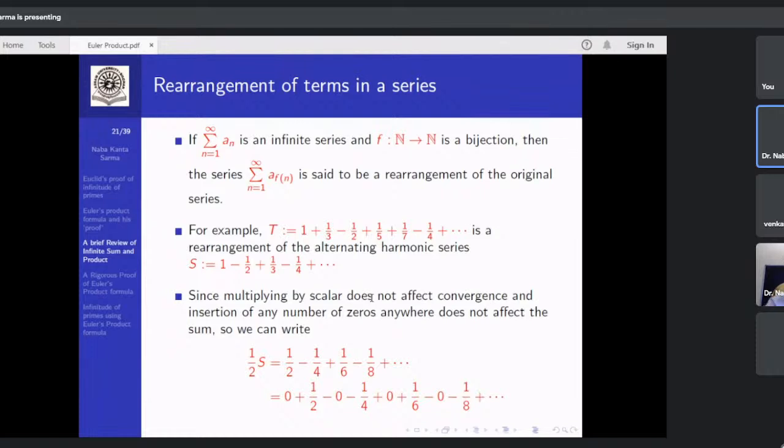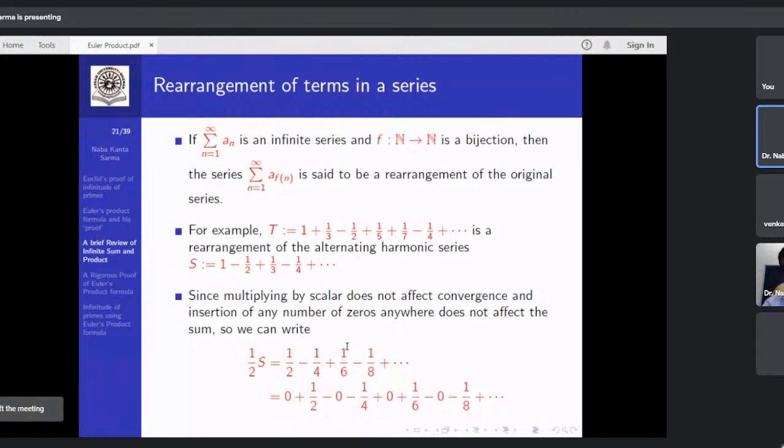To see this, we have taken the example of the alternating harmonic series. We have proven that this alternating harmonic series converges. But we shall see that if we rearrange this, just like this T, then S and T will not have the same sum. This T is a rearrangement of S, and the sum of S we already know. This is log of 2, we have proven. But we'll see that the sum of T is not log of 2. It will be something else.